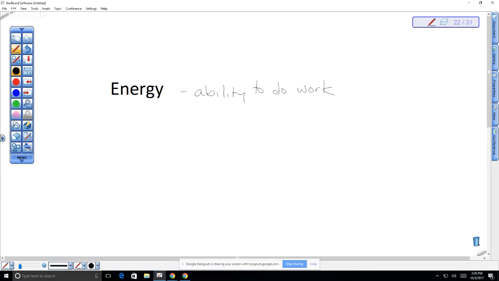So we have some energy that is stored, and it is called potential energy. But the stored energy, this potential energy, could be converted to another form of energy, okay? So if it is doing work, then it is called kinetic energy.